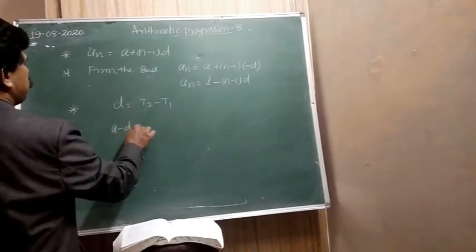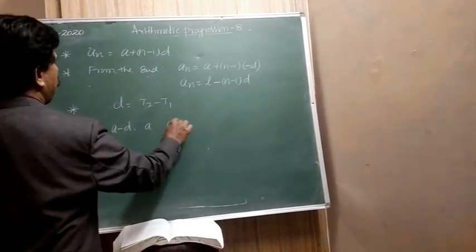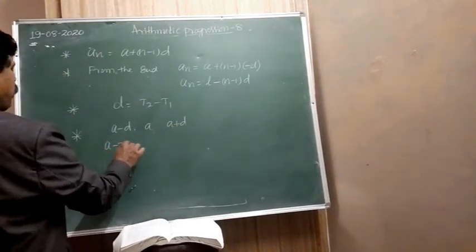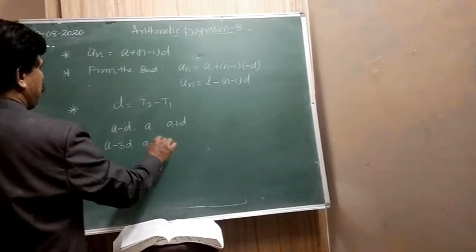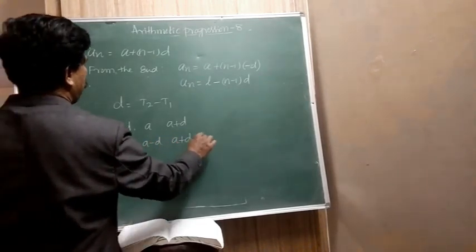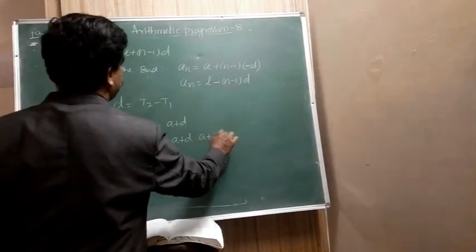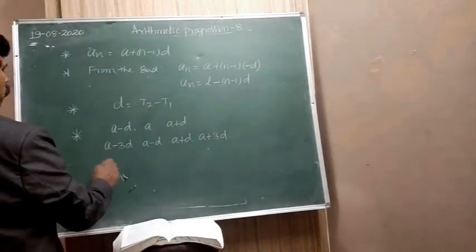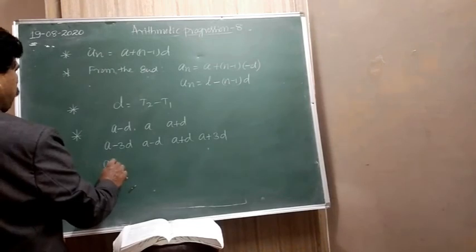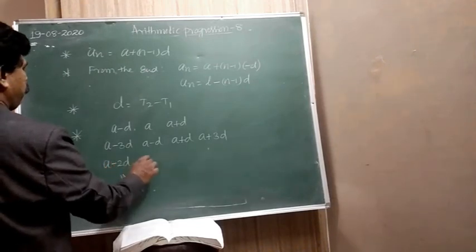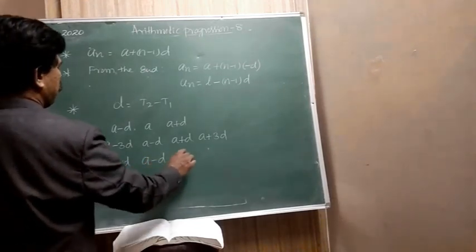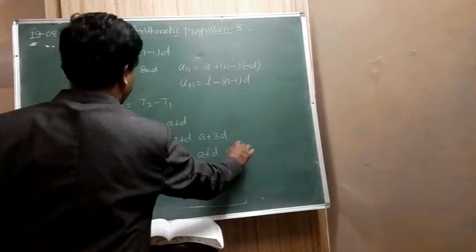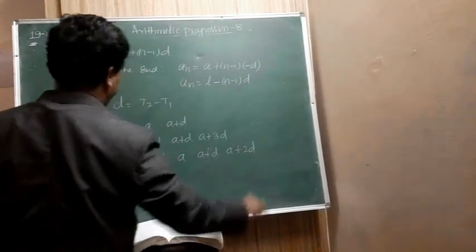3 terms: A minus D, A, A plus D. Then A minus 3D, A minus D, A plus D, and A plus 3D. Then 3, 4, 5: A minus 2D, A minus D, A, A plus D, then A plus 2D.